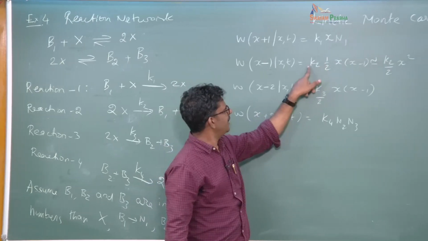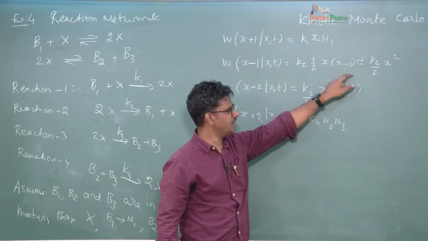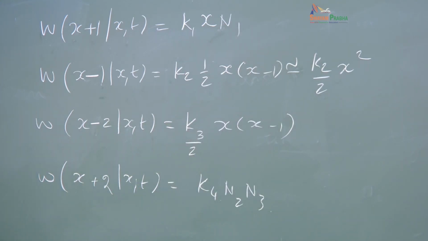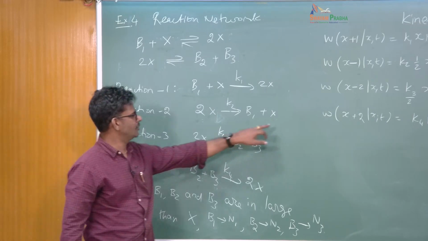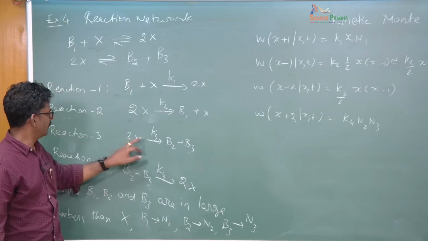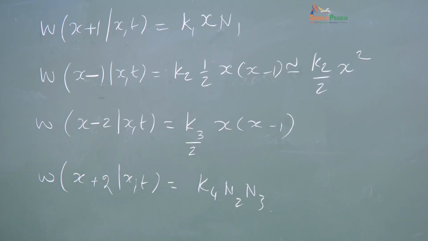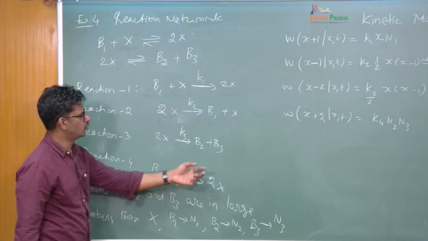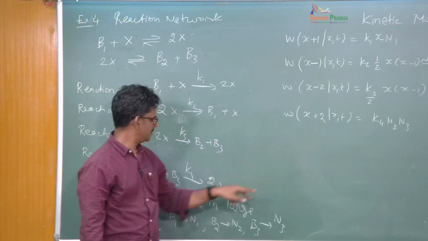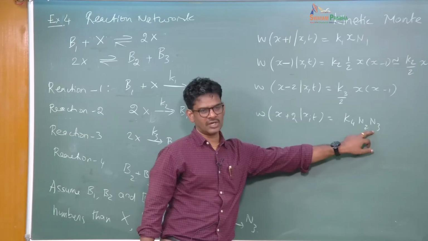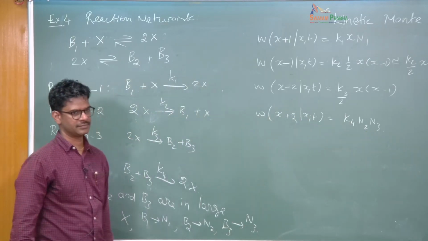So it's basically K2 times 1/2 X into X minus 1, or simply you can write K2 by 2 X square, if you like, a bimolecular reaction. Reaction 3, where 2 molecules are decaying, has a rate equal to K3 by 2 X into X minus 1. And the fourth one, where 2 molecules of X are created from B2 and B3, whose numbers N2 and N3 are constant, times K4.